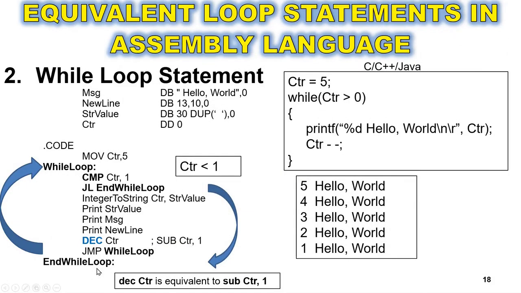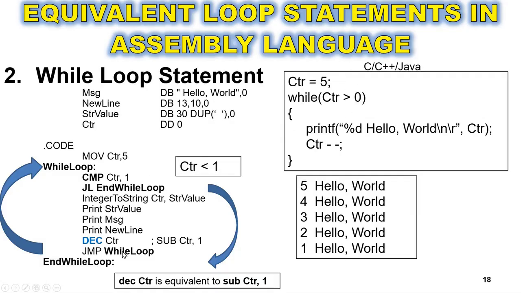Here is another example of a while loop statement equivalent in assembly language that repeats 5 times, but this time the control or sentinel variable CTR is subtracted by 1 every time that it repeats. Let us convert this C++ Java code that repeats 5 times using the while loop.